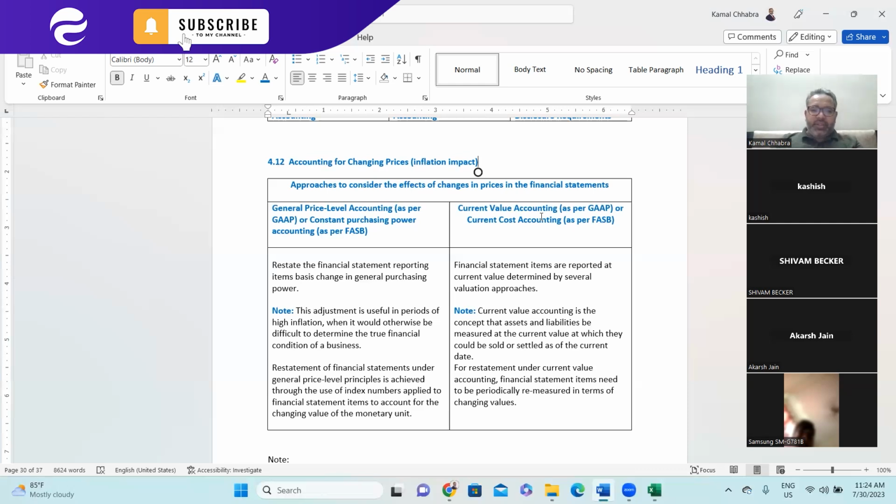Restatement of financial statement under the general price level principle is achieved through the use of index number applied to financial item to account for the changing value of the monetary unit.